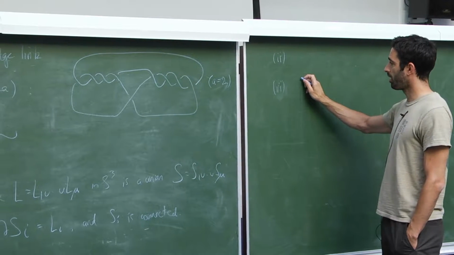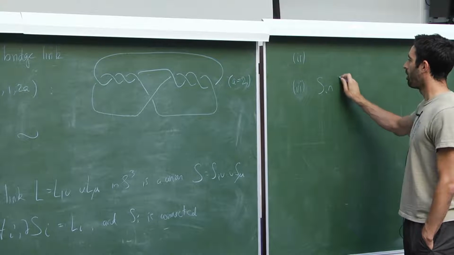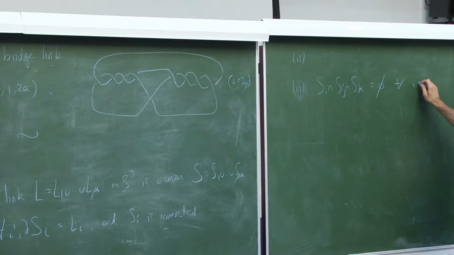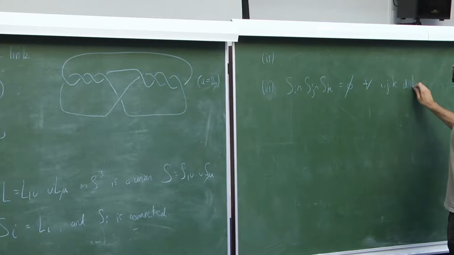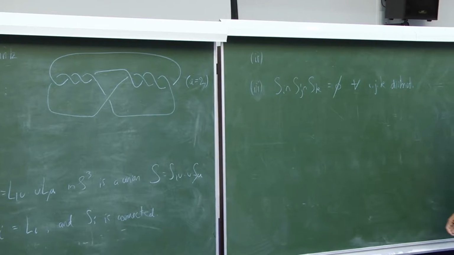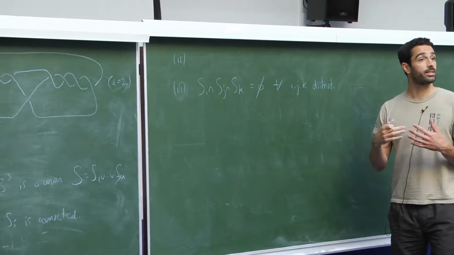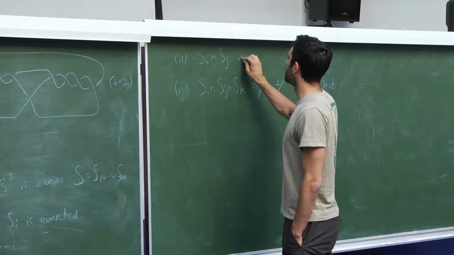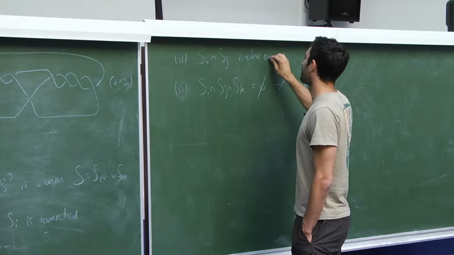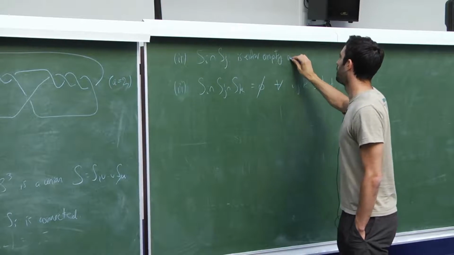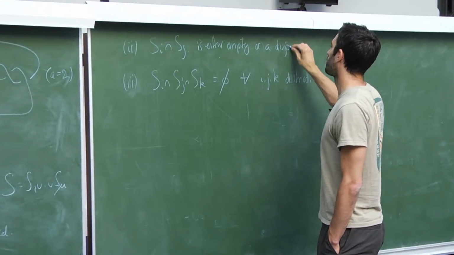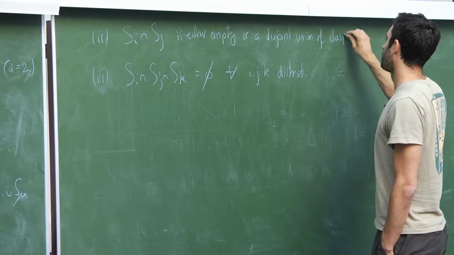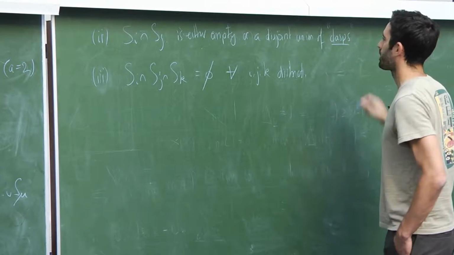And the third one, maybe I will start with: the triple intersections are empty. So no triple intersections. And what about the pairwise intersections? Well, each is either empty or a disjoint union of so-called clasps.